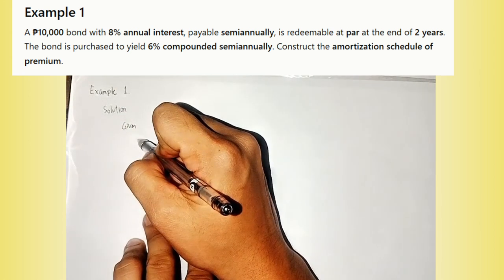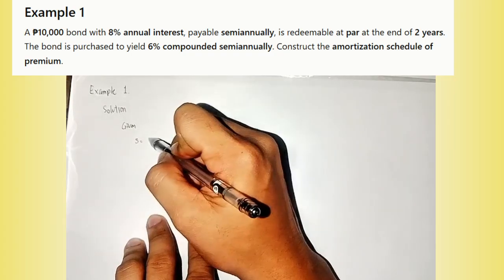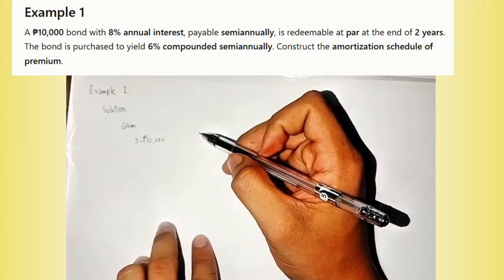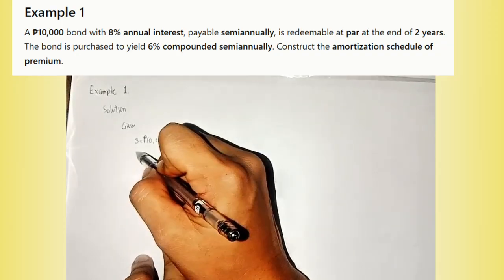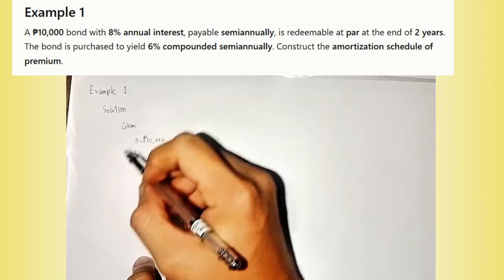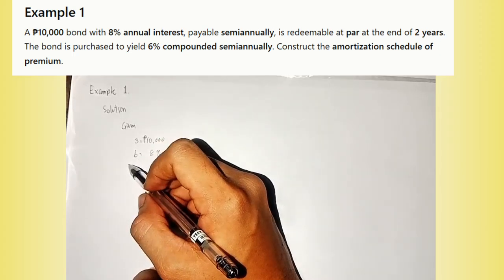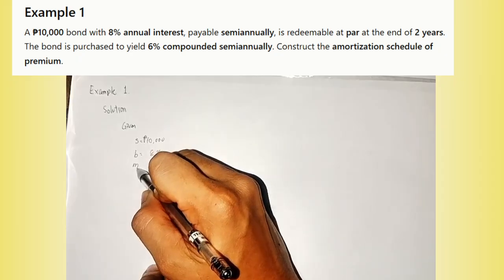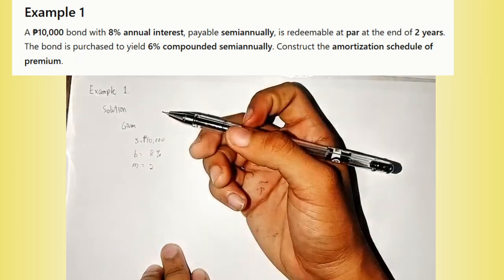We have S is equal to 10,000 pesos. We have a bond rate of 8%, since it is annual interest payable semi-annually, so M is equal to 2.